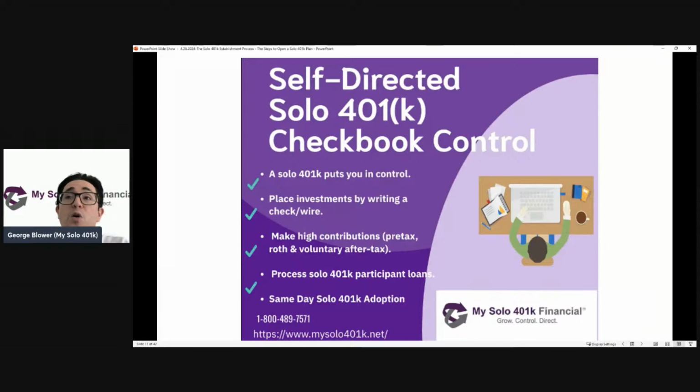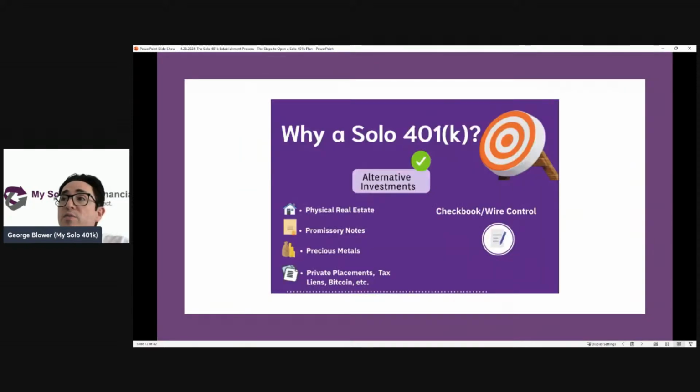Our plan allows for loans. So, right, it's like an emergency fund, right? You can use the proceeds of the loan for any purpose whatsoever. And we also act quickly, right? We set up the plan same day so that you're able to quickly access these benefits.